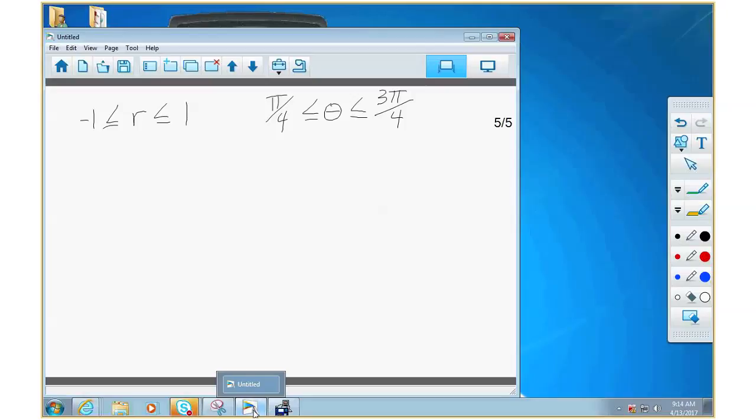Graph that right quick, not on your calculator, by hand, because you've got to use your brain on this one. And this is just a section to help you remember how to graph polar coordinates.